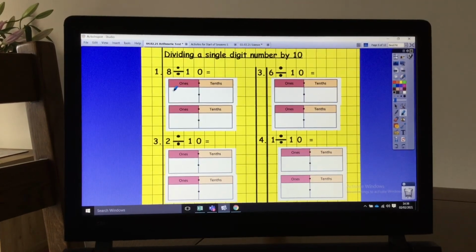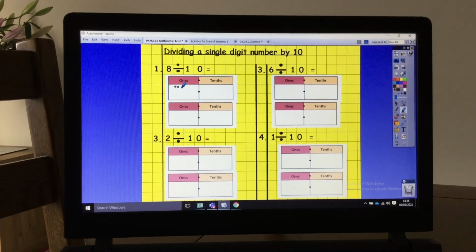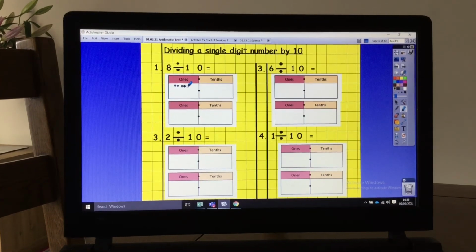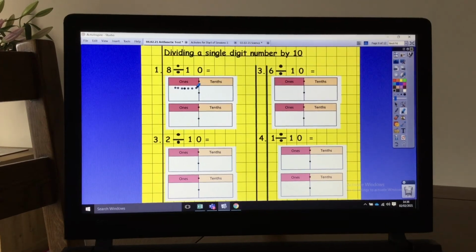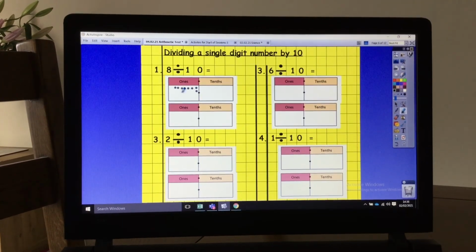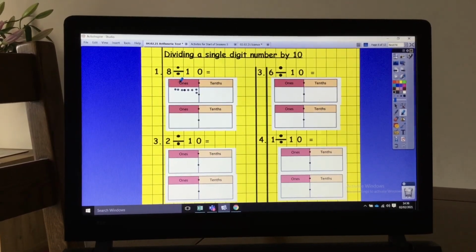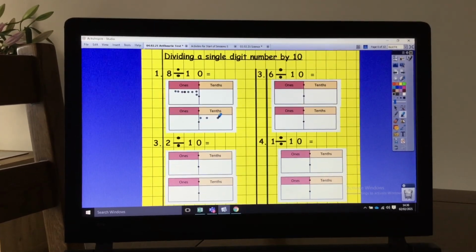So what I'm going to do first, I'm going to draw 8. 1, 2, 3, 4, 5, 6, 7, 8. Now when we divide a single digit number by 10, the value of the digit changes from 8 ones to 8 tenths. 1, 2, 3, 4, 5, 6, 7, 8.